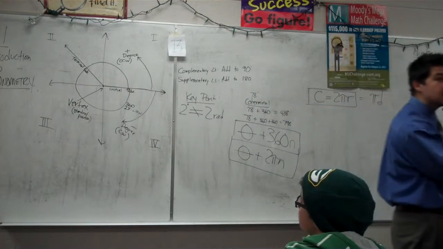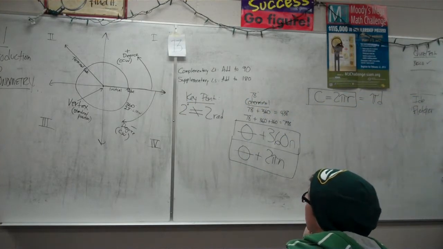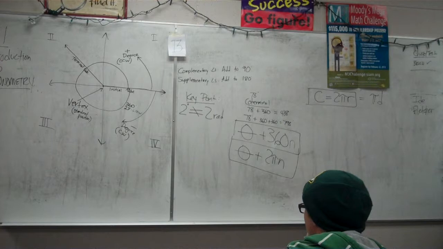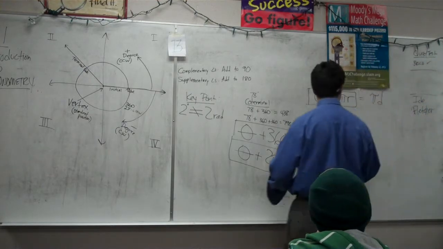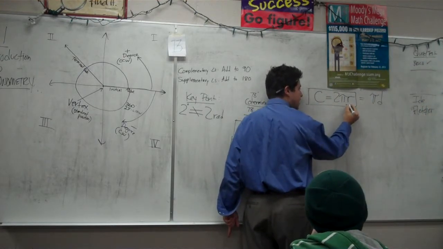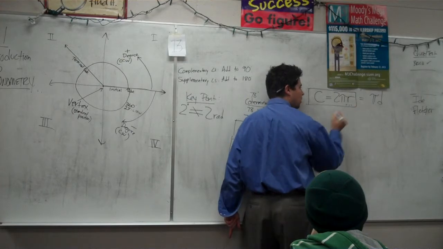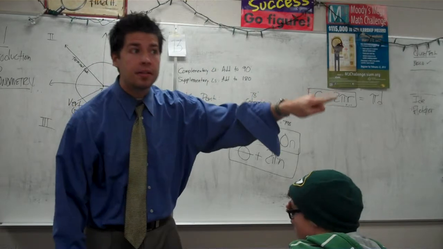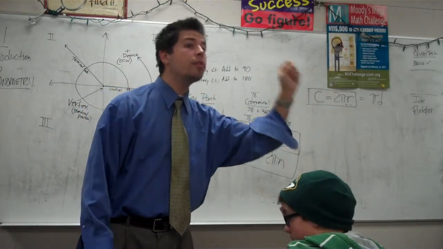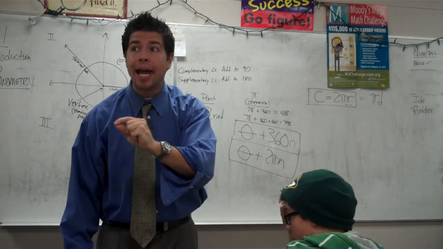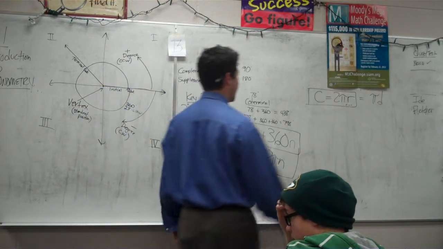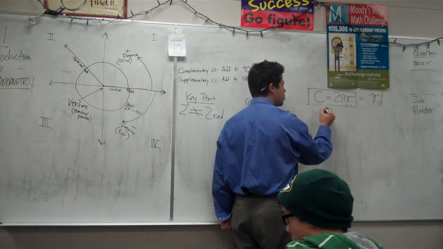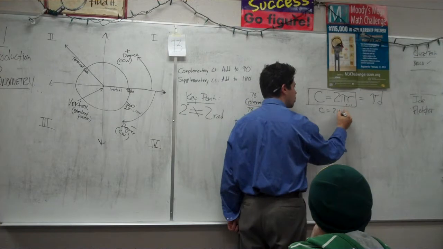Number 1. That means the radius of my unit circle is equal to 1. So what is the circumference of a circle with radius equal to 1? 2 pi is right, because I had 2 times pi times 1. So the circumference is equal to 2 pi.